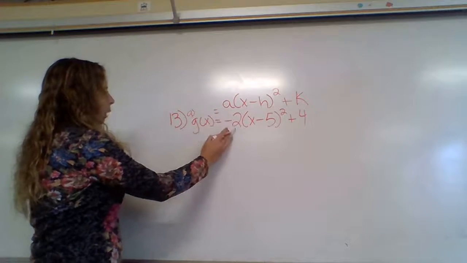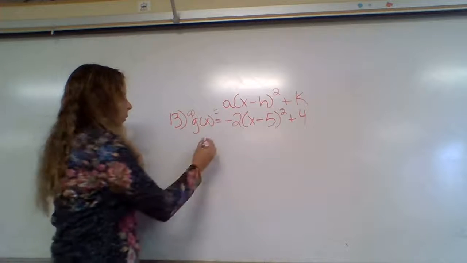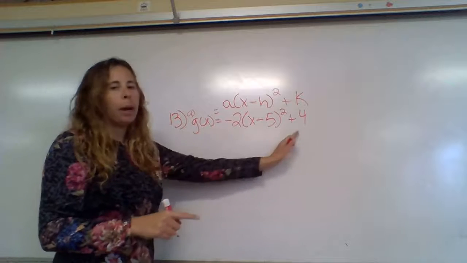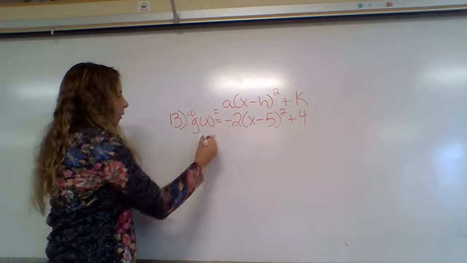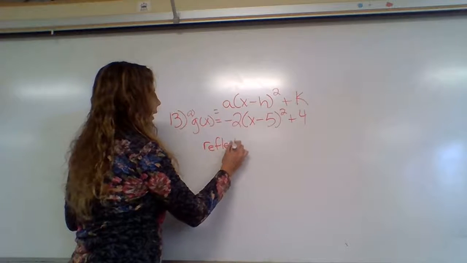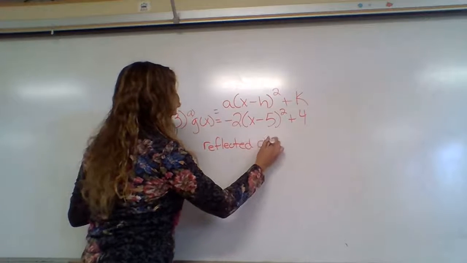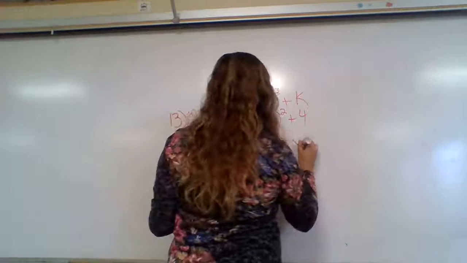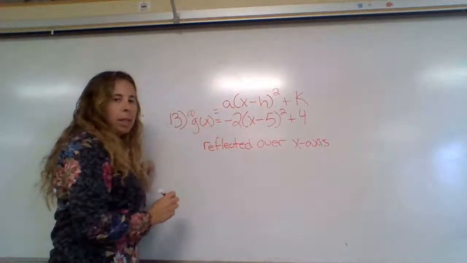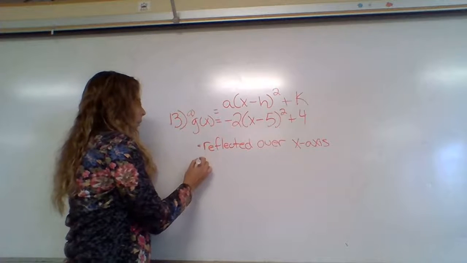So A is your stretch or shrink. The first thing we have is a negative. So I'm just going to look left to right. This means it is reflected over the x-axis. Okay, so the negative means you're reflected over the x-axis.